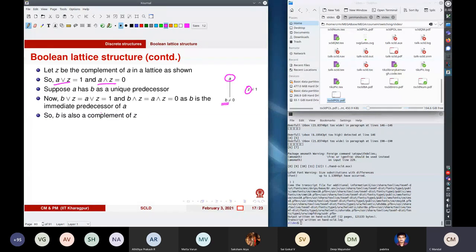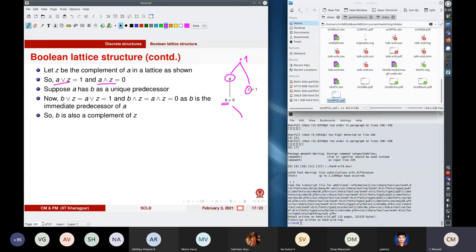So obviously it will also be 1, because the join of A and Z is 1, and similarly you have 0 somewhere over here.